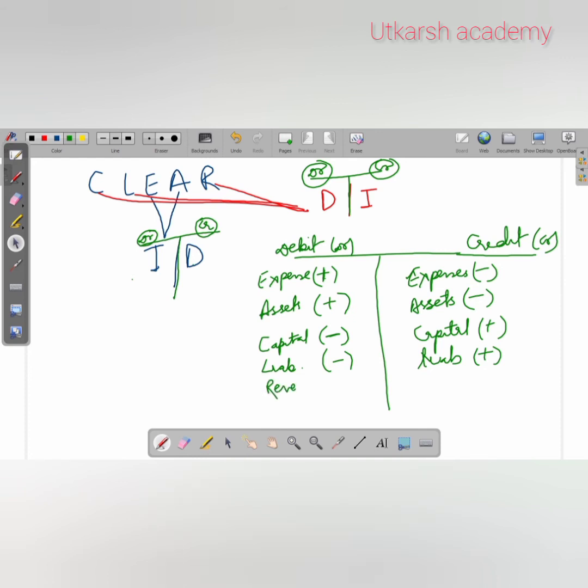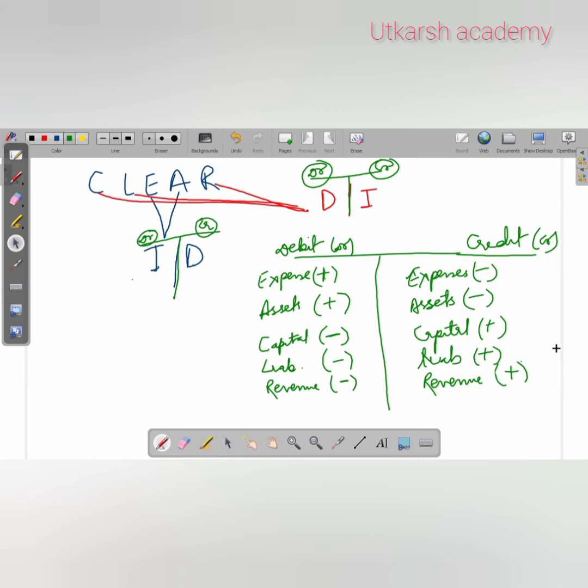If revenue decreases we will show on debit side. If revenue increases we will show on credit side. Fine. Just take a screenshot of this or just note it down on your note copy. It is very helpful for your understanding and keep remembering the mnemonics.